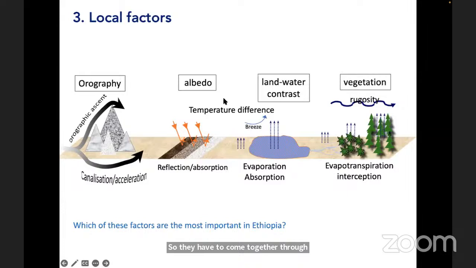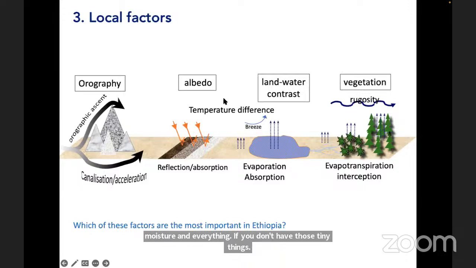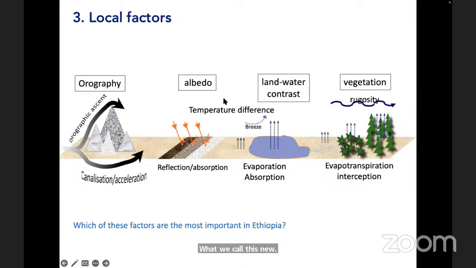To come together, they need what we call condensation nuclei, some small particles in the air. By the way, if the atmosphere were 100% pure, there wouldn't be any rainfall, even with moisture and everything. Without condensation nuclei, rainfall will not happen. It will just condense into cloud and then disappear.